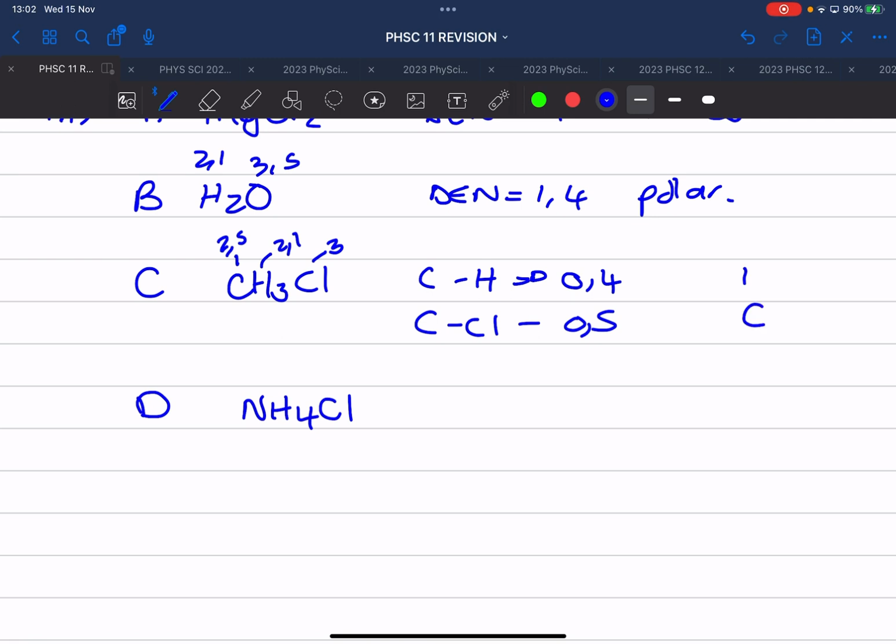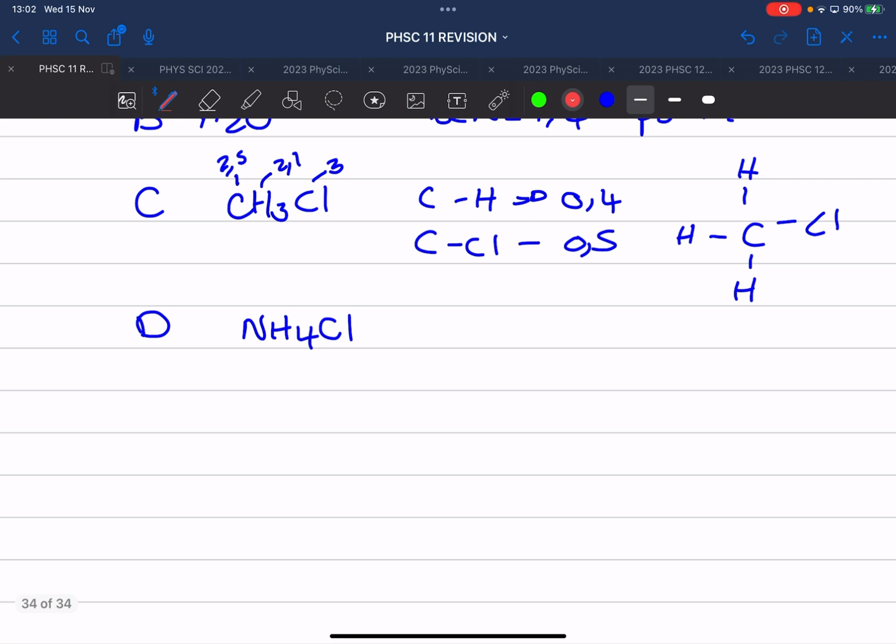No, because this is what it looks like. So you have that type of bond and that type of bond. Okay, ammonium chloride. Now you must know your dative covalent bonds. Because you have ammonium, the polyatomic ion, that bonds with the chloride ion.